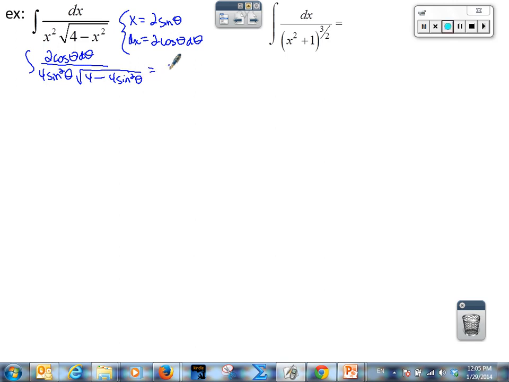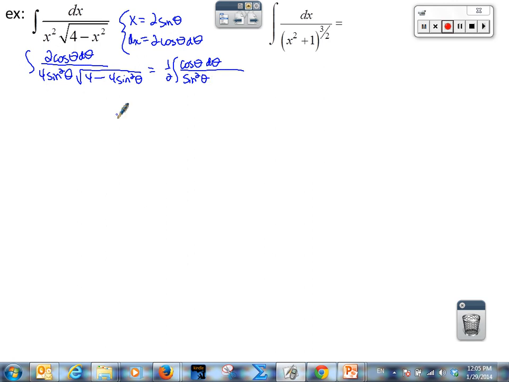I'm going to reduce this 2/4, and bring it out front to 1/2 the cosine theta. In the bottom, I have the sine squared theta.